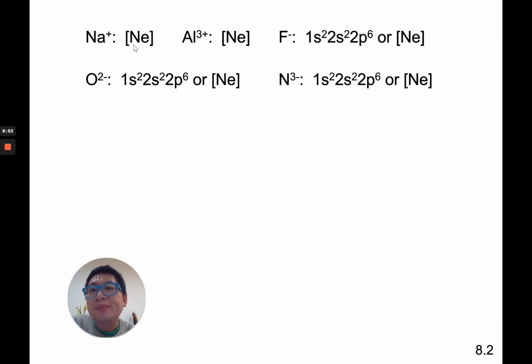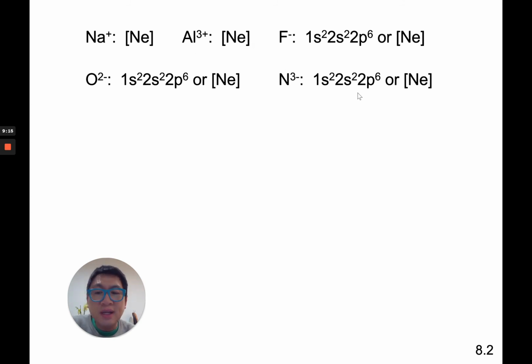Okay, so electron configuration of sodium ion, same as neon. Aluminum, same as neon. Fluoride ion, same as neon. Oxide, same as neon. Nitride, same as neon. Hey, they all have the same electron configuration. Something 2p6, 2p6, 2p6. I don't want to say the whole thing. So they all end in something p6, which in this case are all the same as neon.